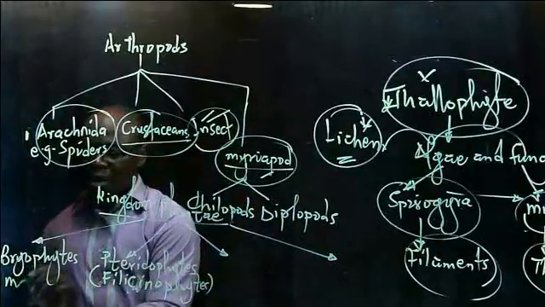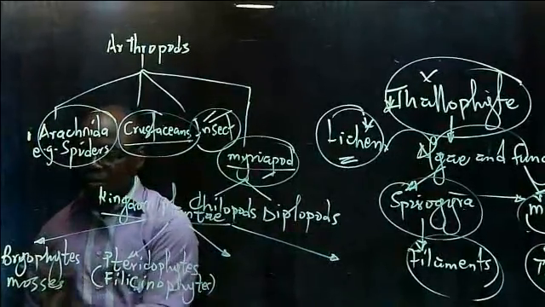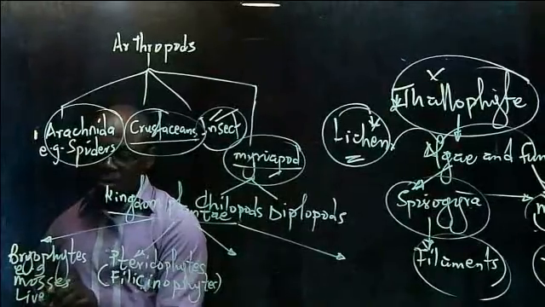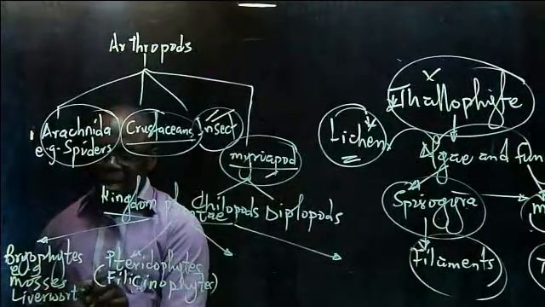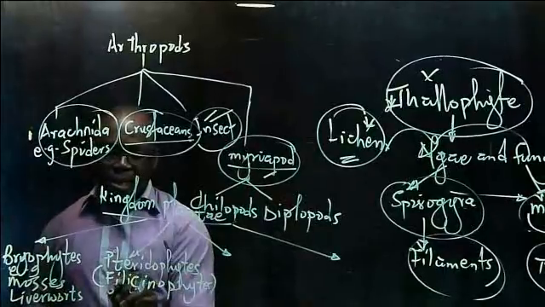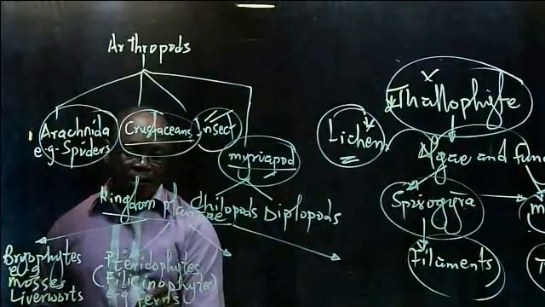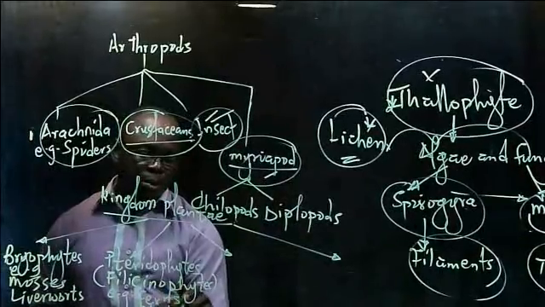Mosses and liverworts are plants classified as bryophytes. Here, for pteridophytes, we have ferns and we have club mosses.